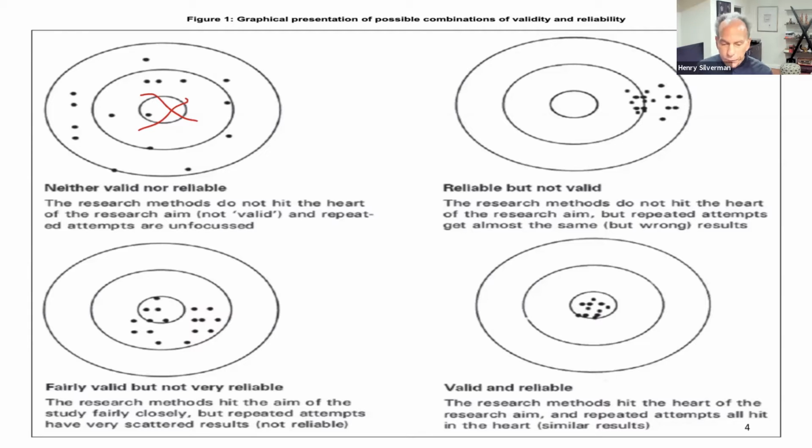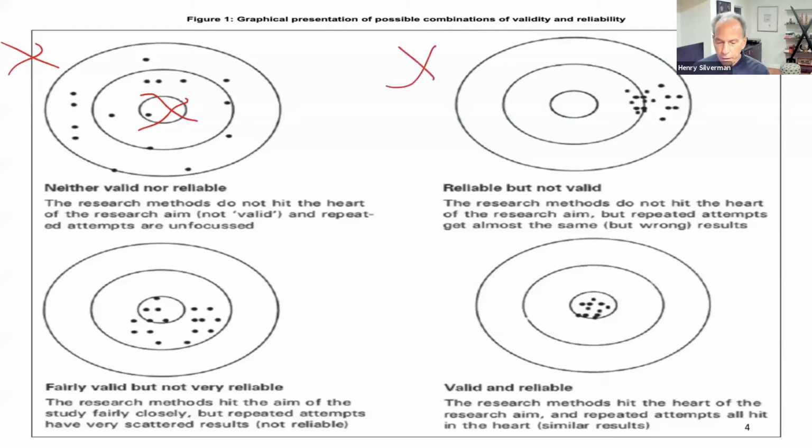So in this first diagram, we see that none of the items are hitting the target, so it's not very valid, and repeated attempts are scattered around the whole target.